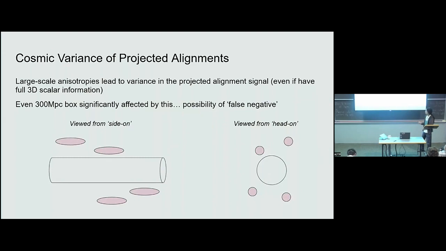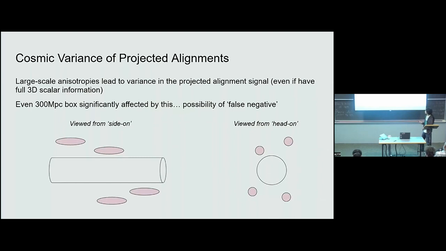We find that since we're measuring what I'm going to be calling 2D alignment, the perspective you have on the galaxies on the sky, in our case the perspective you have on the simulation volume, has a fairly significant effect on the alignment signal you measure.